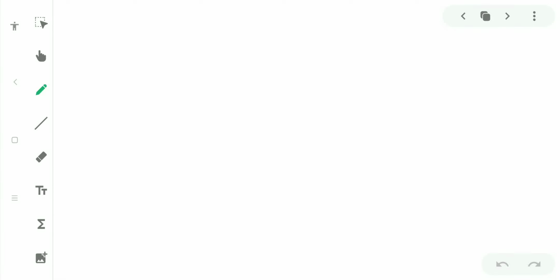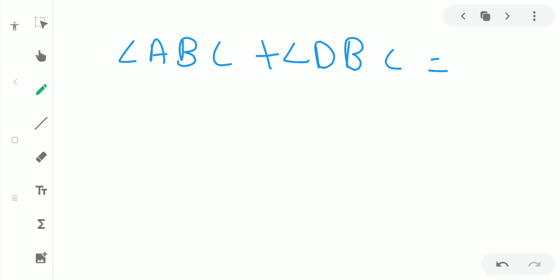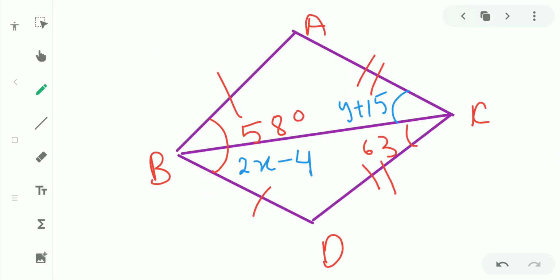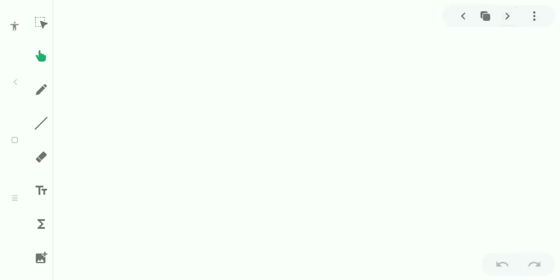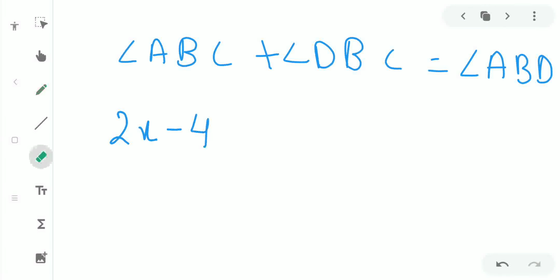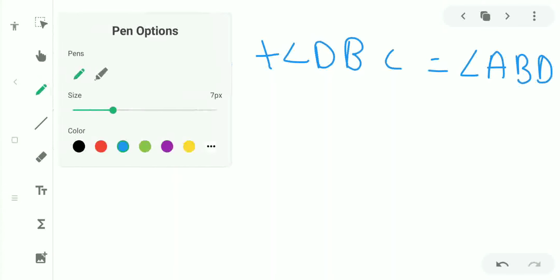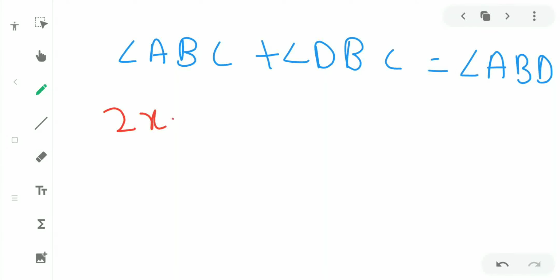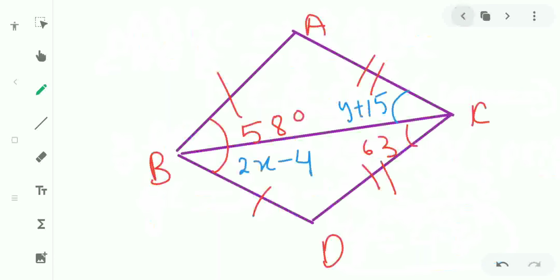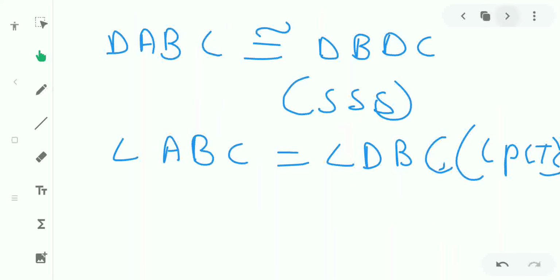So angle ABC plus angle DBC is equal to angle ABD actually. So this whole angle will be equal to this angle plus this angle. And as we know, angle DBC is 2x minus 4 degree. So I'll write in red color, 2x minus 4. We can write like that also.